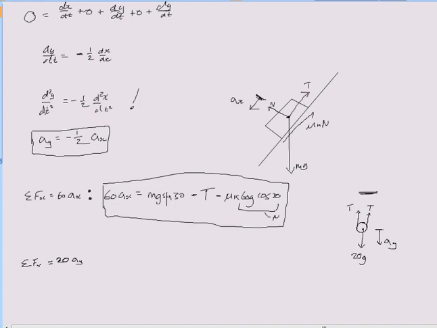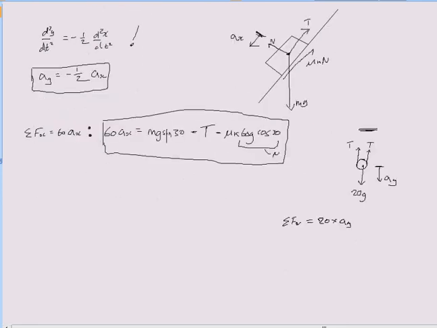In fact, let me write it right below so I don't confuse you. So the sum of forces in our vertical direction, and I'll denote V as vertical, is going to be equal to the mass of your block, so that's 20 in this case, times the net acceleration of your block, ay.